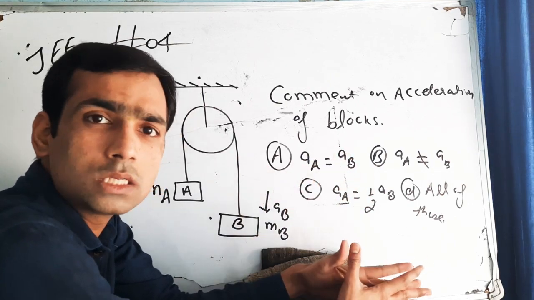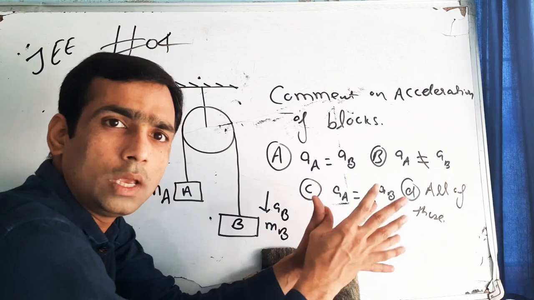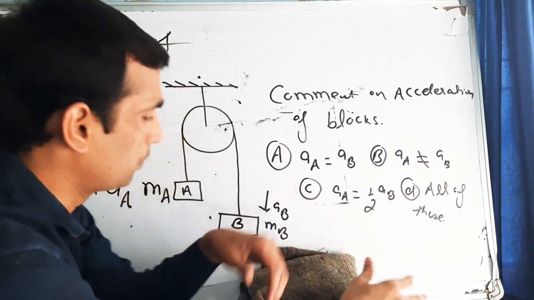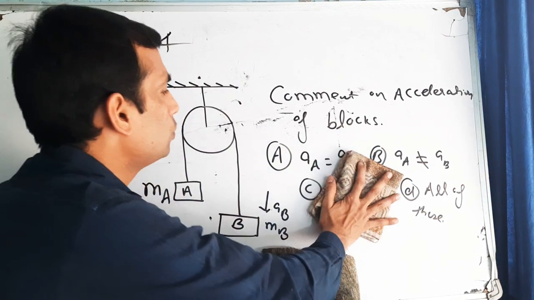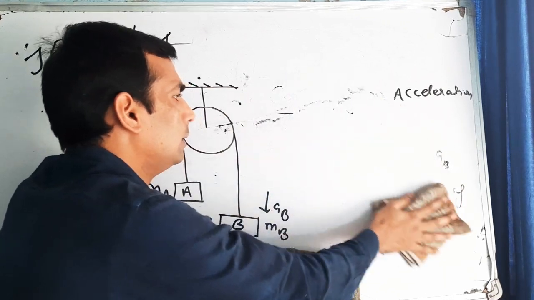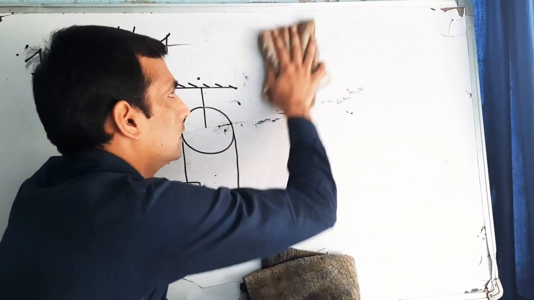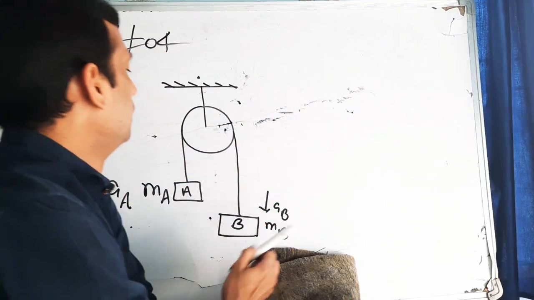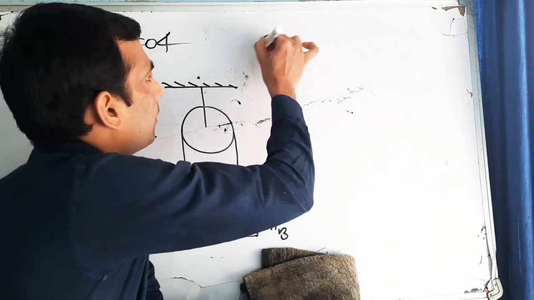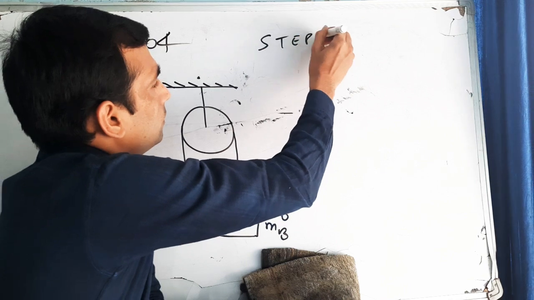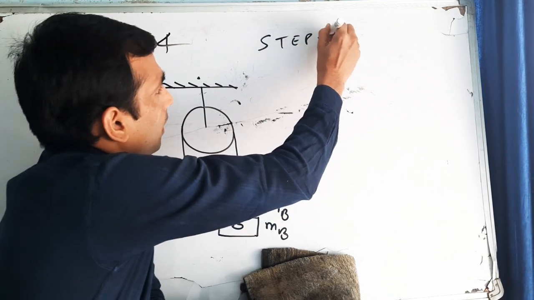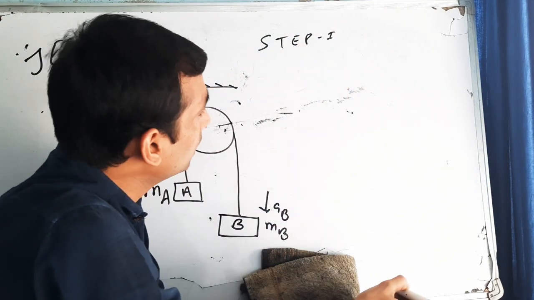This is my main agenda, students. You can adapt this to any question, step by step. So now I'm going to erase some data, and just remember the options I have already given here. So what is step number 1? This is step number 1 of this question.